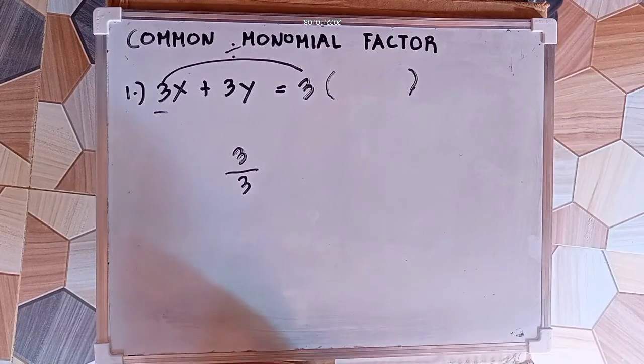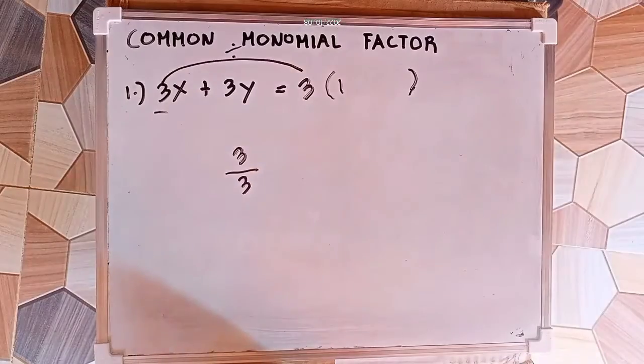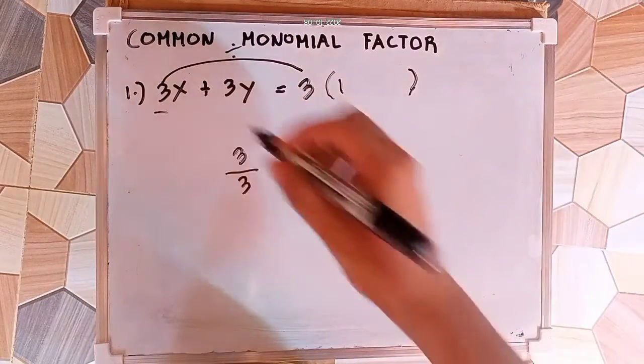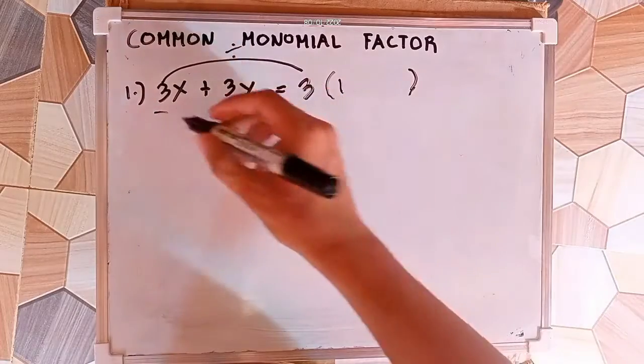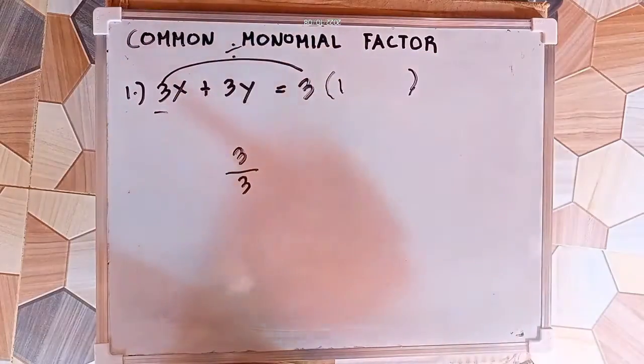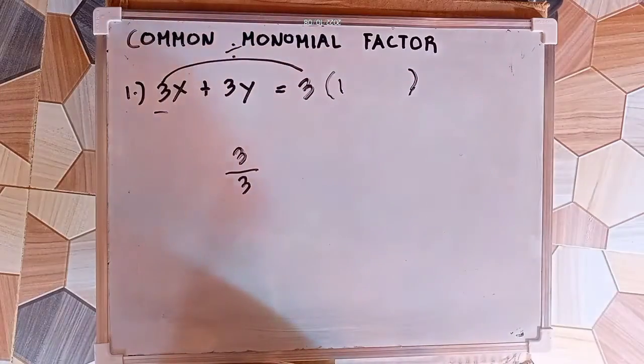So 3 divided by 3, that is 1. Then our x variable: just copy the variable because it has no variable in our common monomial factor.